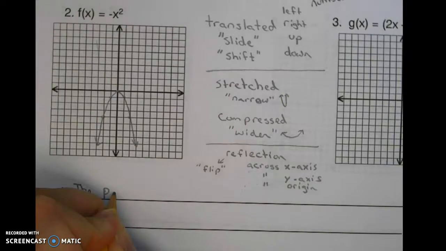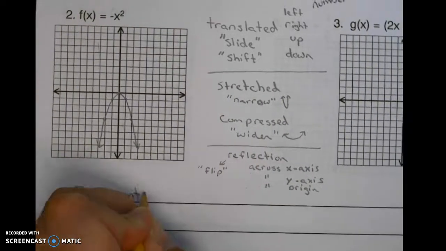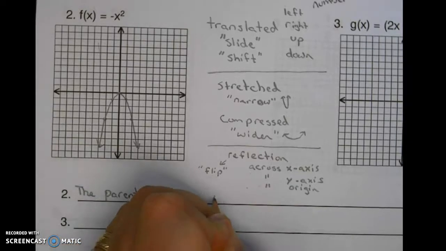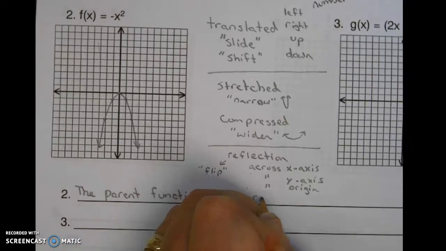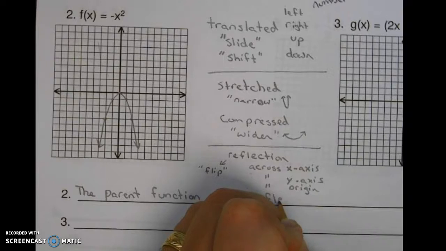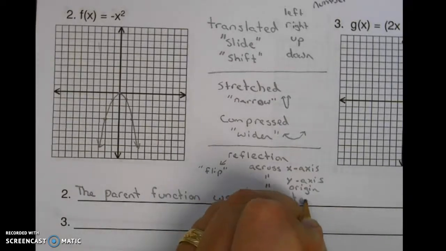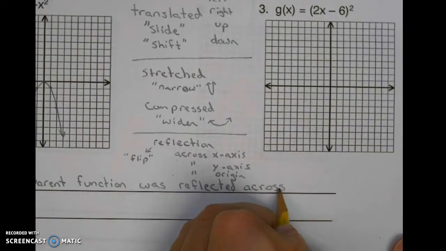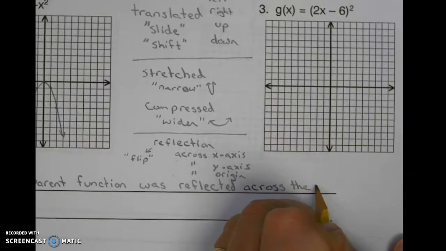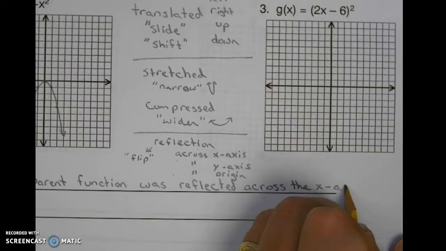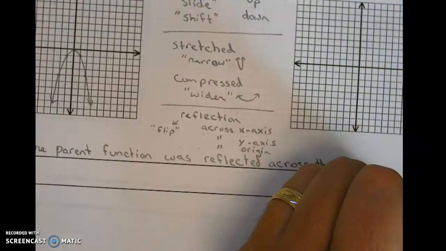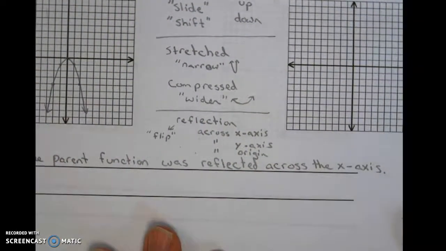The parent function was reflected across the x-axis. And we can tell that also by looking at the table.